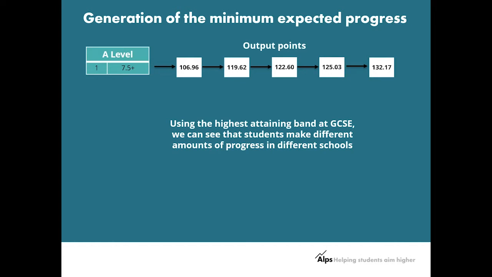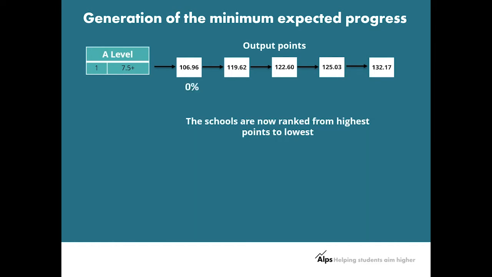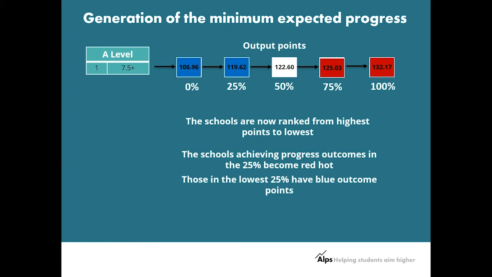So what we do is rank those. Remember that thermometer has a 0 to 100% on it. So let's rank where those output scores came on that thermometer. I've cunningly chosen the quartile rankings there, so we can see what we have to do with our students to match those different quartile rankings.